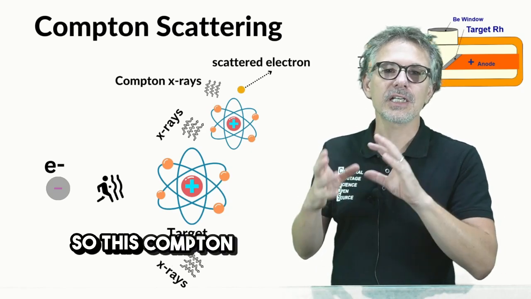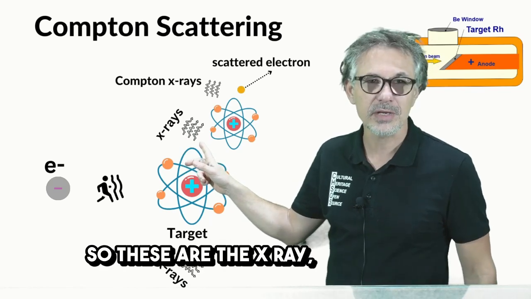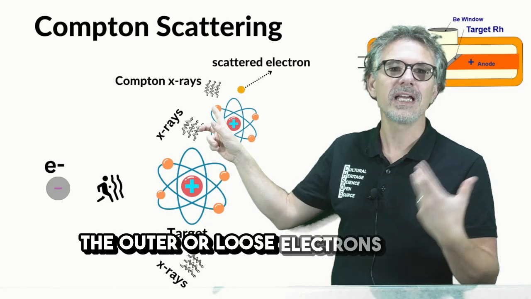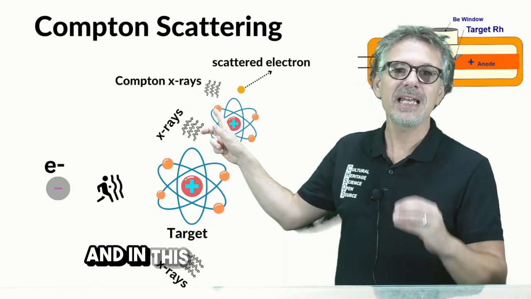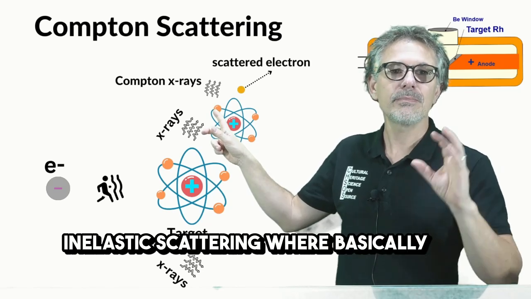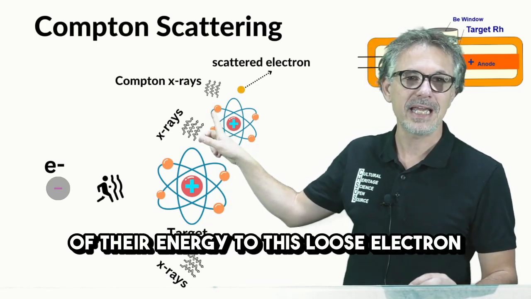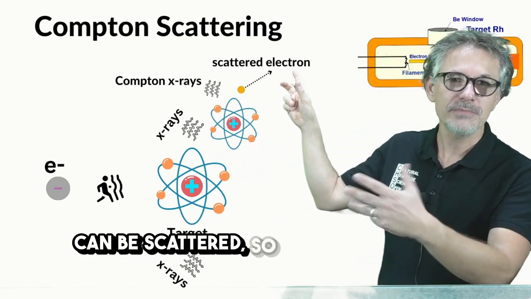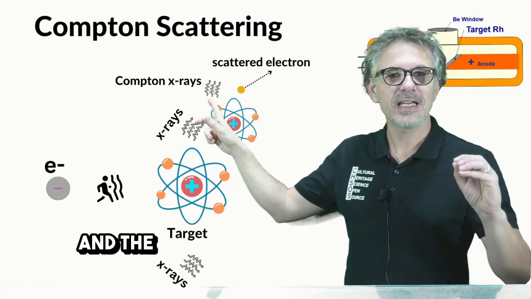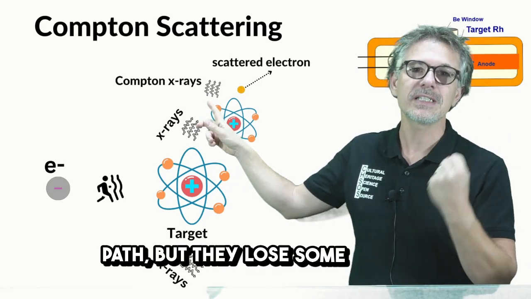The Compton effect is when these X-rays hit the outer or loose electrons of the target, and in this case there is this kind of inelastic scattering where the photons release a bit of their energy to this loose electron, which can be scattered, so it will receive some kinetic energy, and the X-rays will proceed on their path, but they lose some energy.